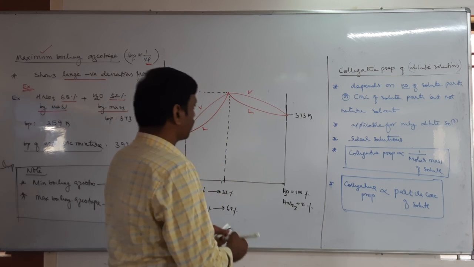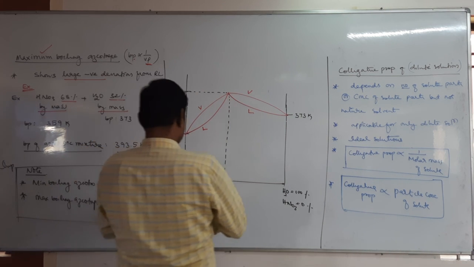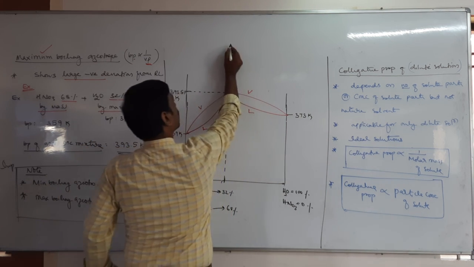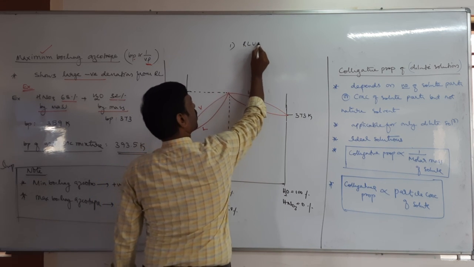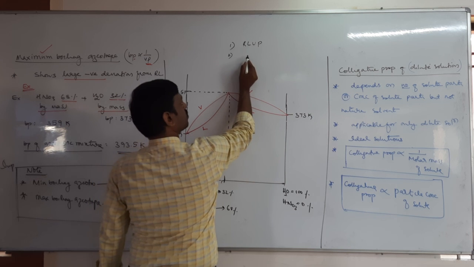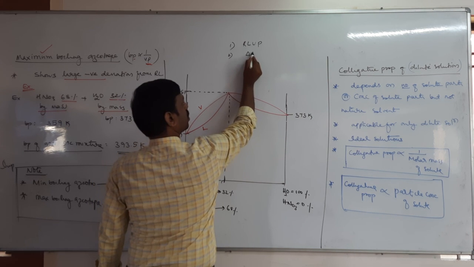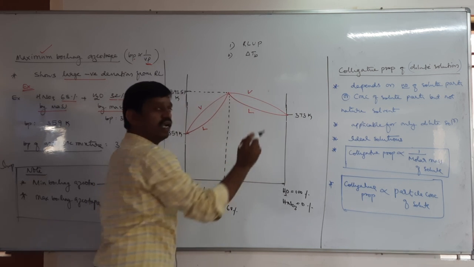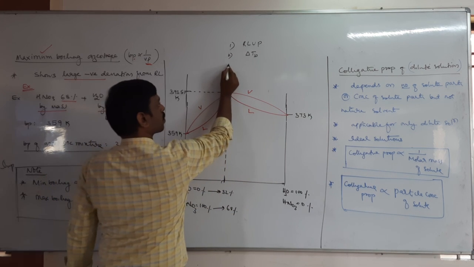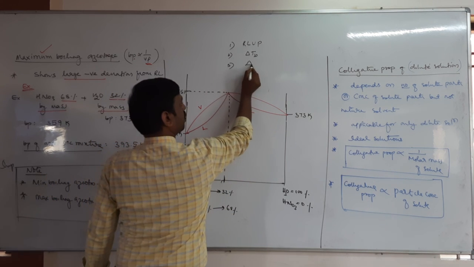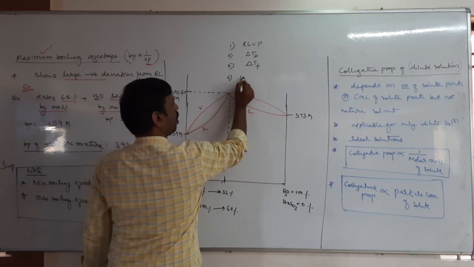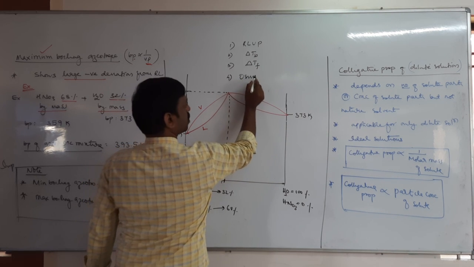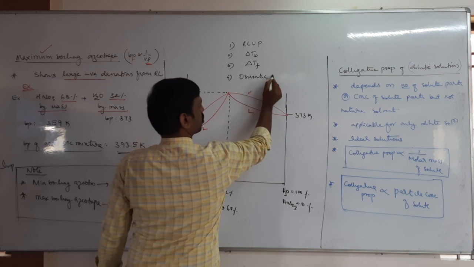One, RLVP, relative lowering of vapor pressure. Two, elevation in boiling point, delta TB. Three, depression in freezing point, delta TF. Four, osmotic pressure.